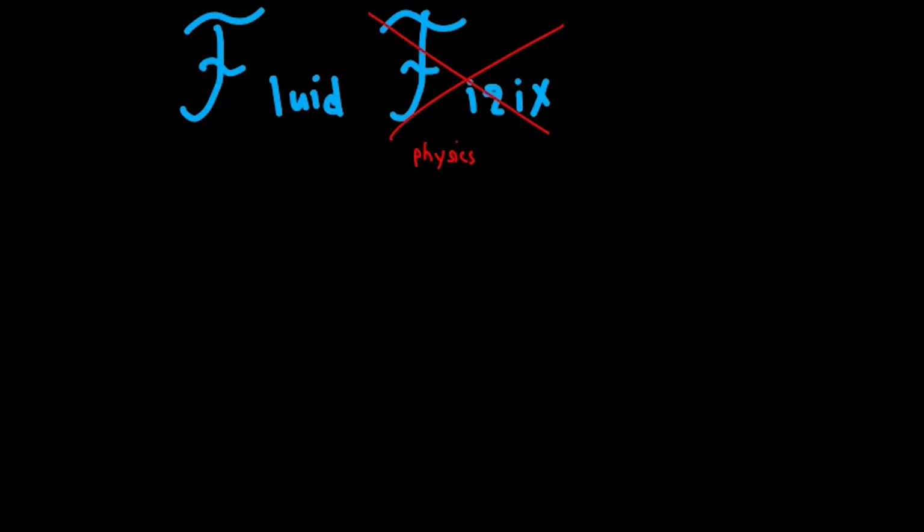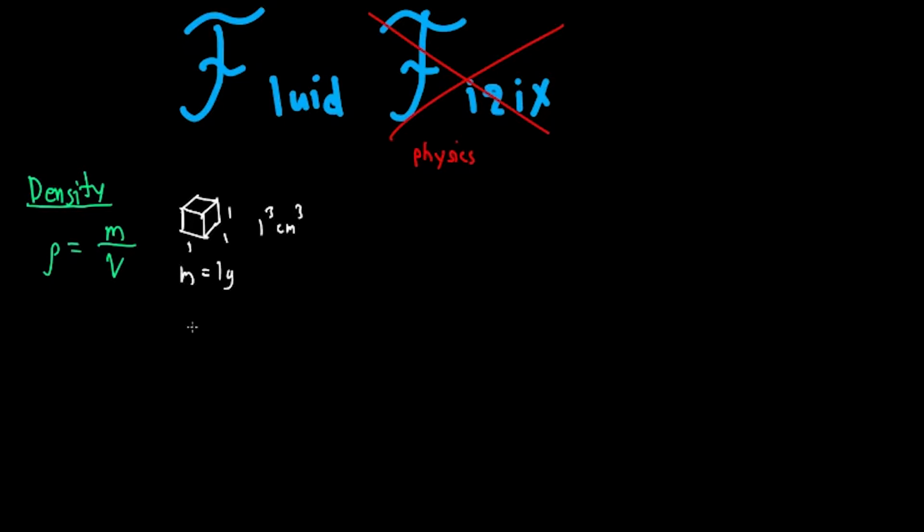Okay, so first, what is density? So you may recall that density is defined to be the ratio of mass to volume, right? You may know that if you have a little block right here, and let's say this is a 1 by 1 by 1, a 1 centimeter cubed block, and let's say it weighs 1 gram, then you would say the density is 1 gram per centimeter cubed.